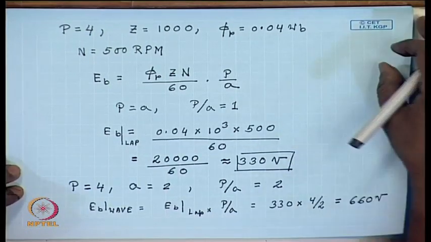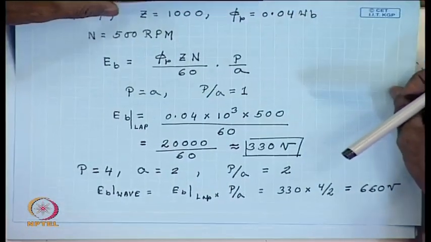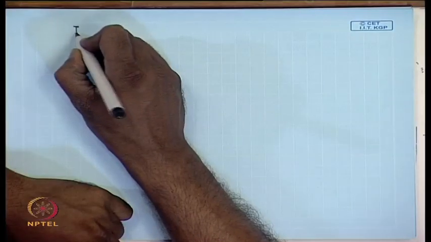So, with the wave connection, the machine will generate higher voltage, but will the power increase? Let us see. The same conductors are connected either as wave or as lap. So, due to connection their current carrying capacity does not change. Let us say the current carrying capacity of the conductor is I c.